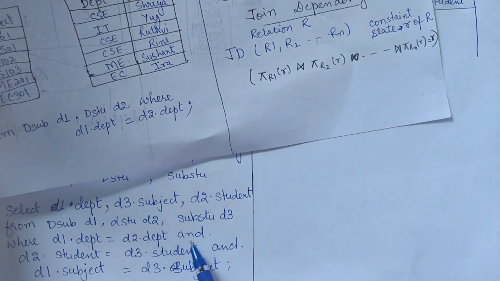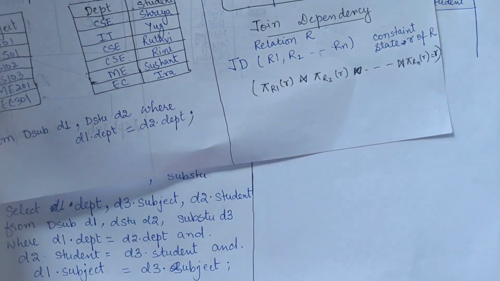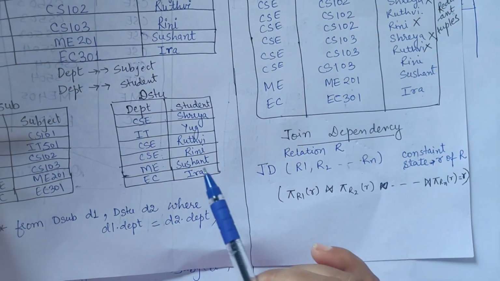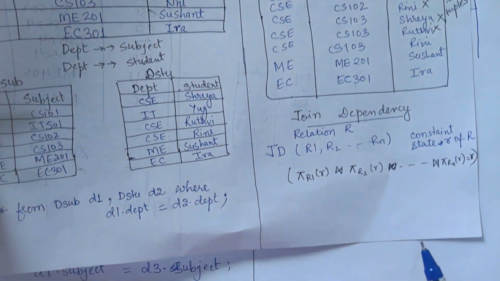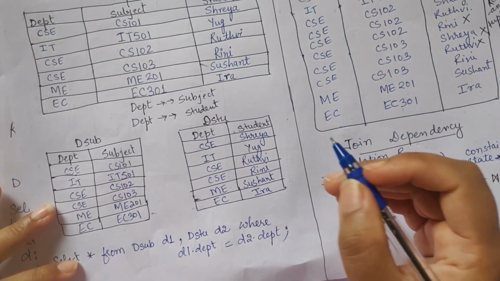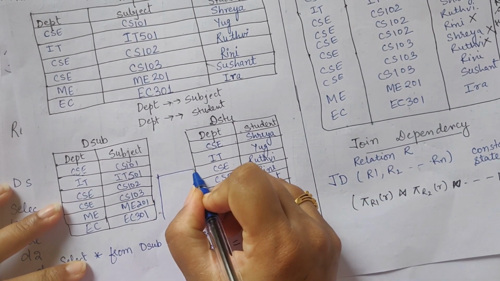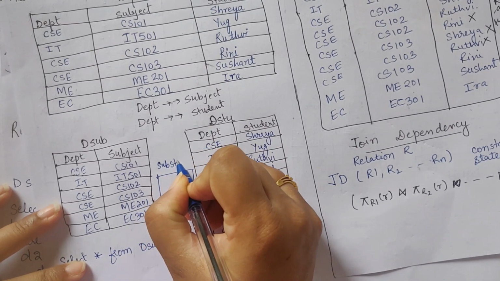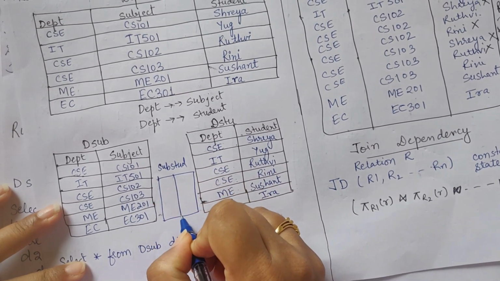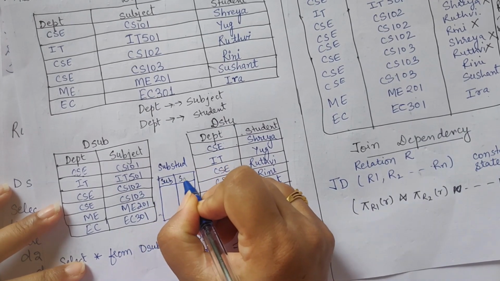But further there is a condition that D2 student should be equals to D3 student. So one student table should also be there. Let me create that table here. Subject student. In this table we are only having subject and student.